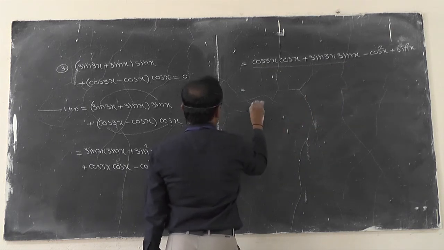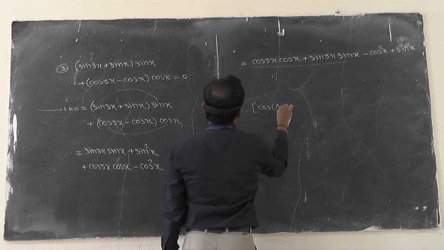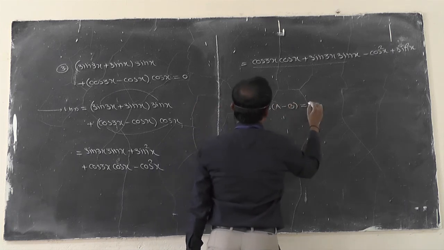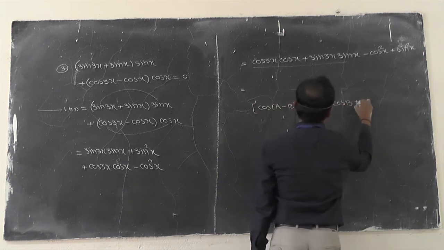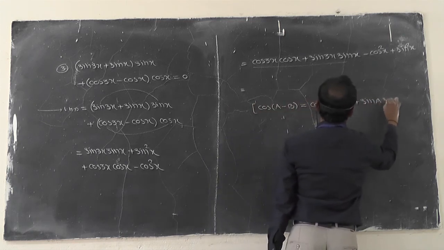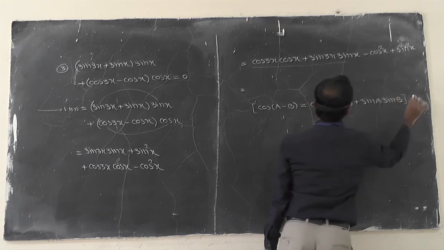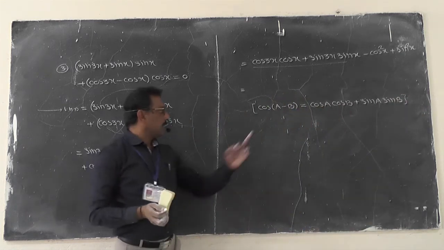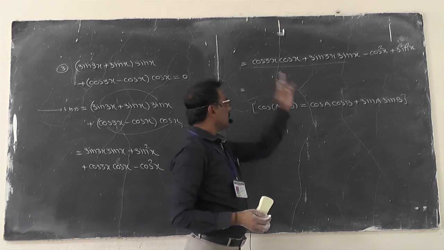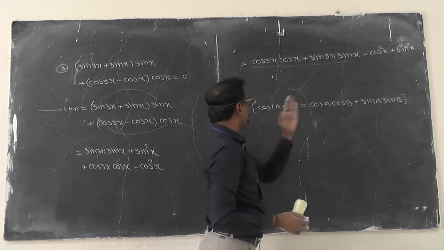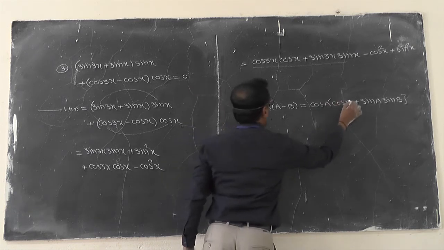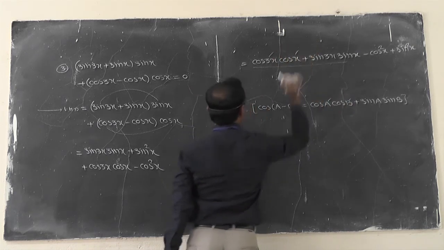Now in order to solve this, what is the formula for cos of a minus b? I think we know this formula, studied in the previous lecture: cos a cos b plus sin a sin b is cos of a minus b. Here a means 3x and b means x.